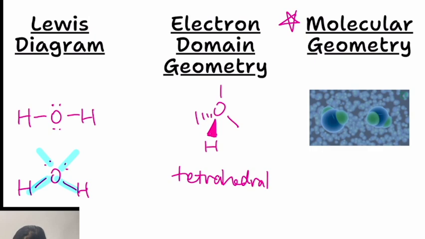So oxygen, hydrogen, and then lone pair electrons and lone pair electrons, tetrahedral. And when it comes to molecular geometry, I only consider the bonding pairs or the atoms. So only these parts are considered. Then it will be the bent shape or the bent molecular geometry.